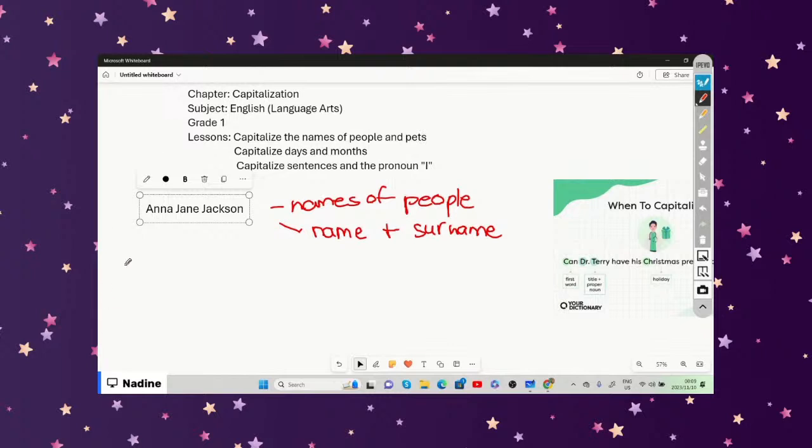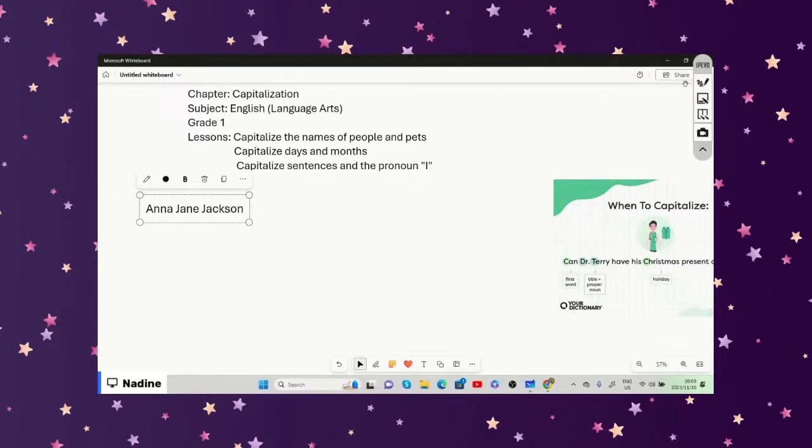Then also pets. So if you have a pet dog, and your dog's name is Rex, or, let me give you my dog's name, Cinnamon.